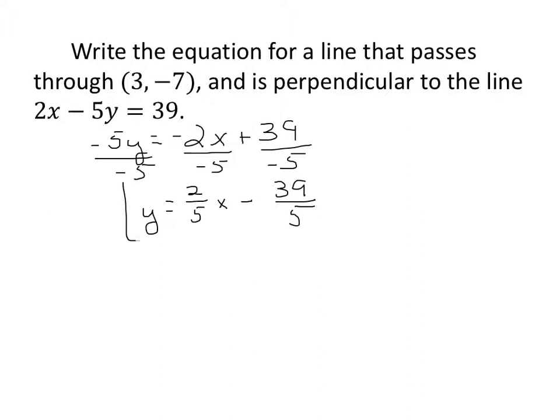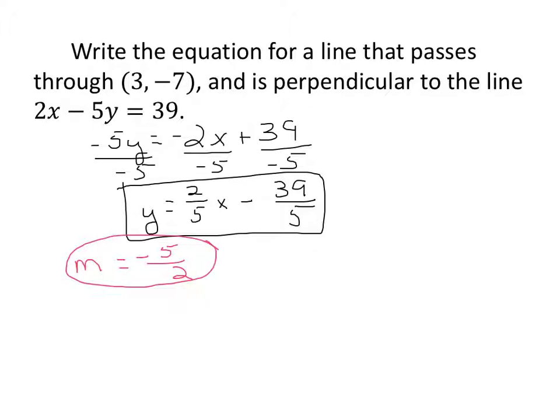So there's the first line in slope-intercept form. Here's our slope, 2/5. The negative reciprocal is going to be negative 5 halves. So the new slope that we're looking for, I'm going to put it in red, m should equal negative 5 halves for our perpendicular line.